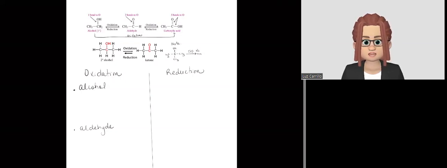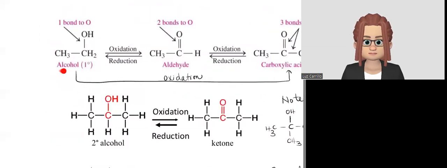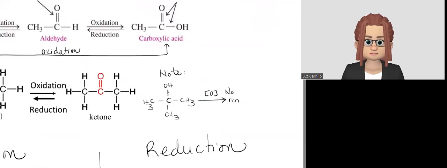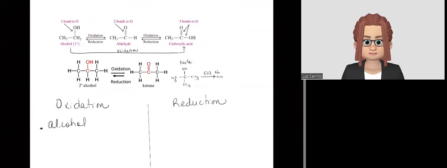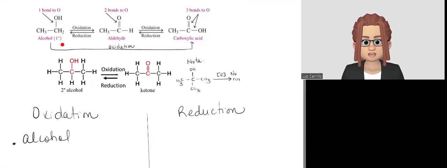When it comes to an alcohol, let's understand that alcohols can be categorized into primary alcohols, secondary alcohols, or tertiary alcohols. A primary alcohol is one in which the carbon that is holding the OH is connected to one carbon chain.